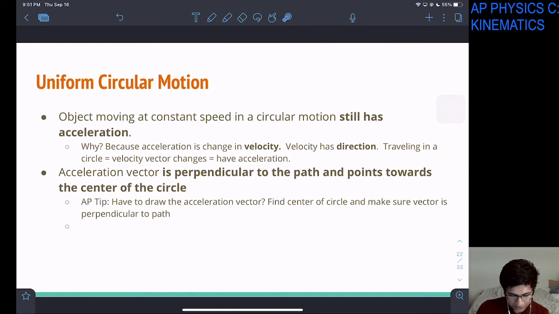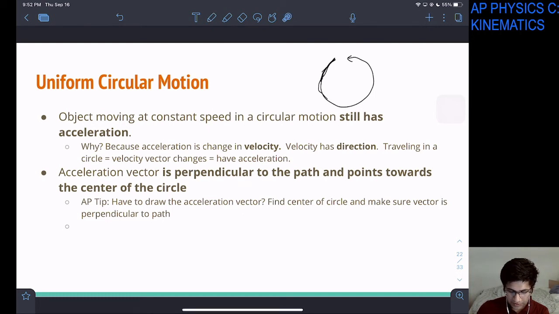So our acceleration vector is perpendicular to the path, and it points towards the center of the circle. In this case, we have an object moving in a circular motion. The object is going to be traveling at a constant speed, but a different velocity, because velocity is a vector with speed and direction. Clearly, the direction is changing, but we have the same speed.